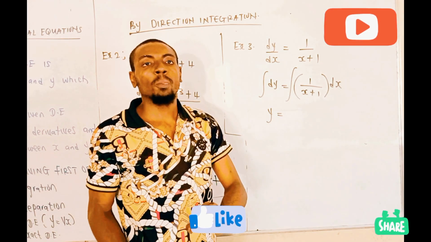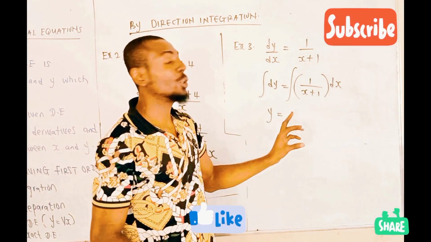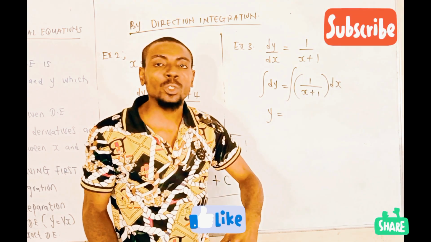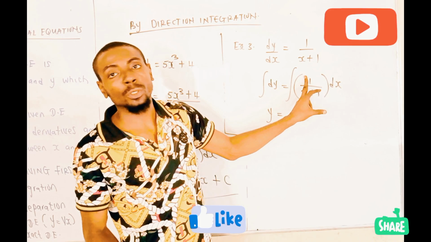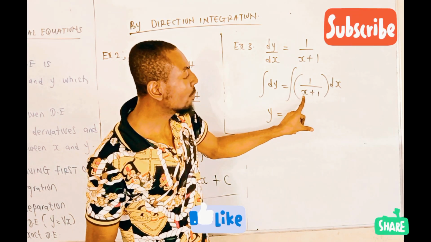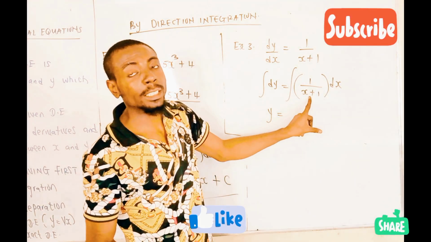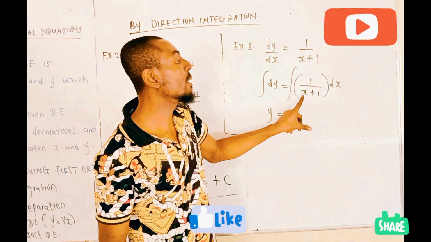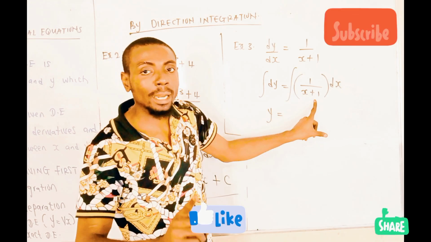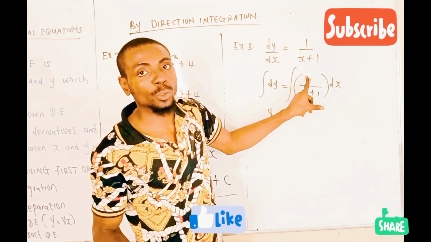If you are about to integrate a function whose derivative of its denominator is equal to the numerator, as you can see, derivative of this denominator is 1. That's differentiating x is 1, differentiating 1 is 0. So derivative of this denominator is equal to 1, and 1 is the numerator.